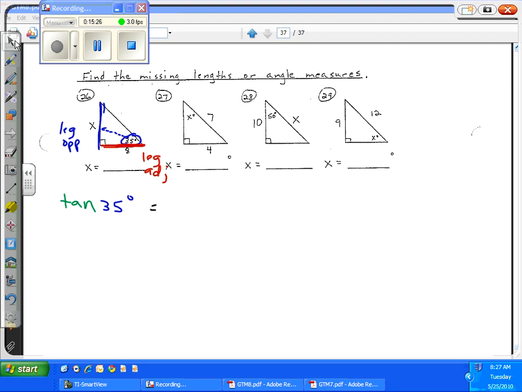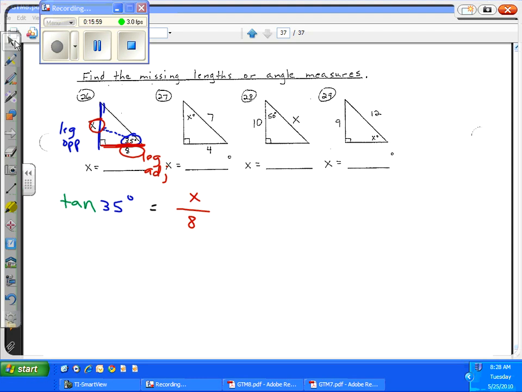The second thing is to look at the sides we're dealing with and see how they're related to the angle that we chose, and that tells us which function to choose. The third thing we do is say what that function says to put the fraction in the way it's supposed to be. Tangent says leg opposite goes on top, leg adjacent goes on bottom. Tangent is leg opposite over leg adjacent, so our fraction is x over 8.